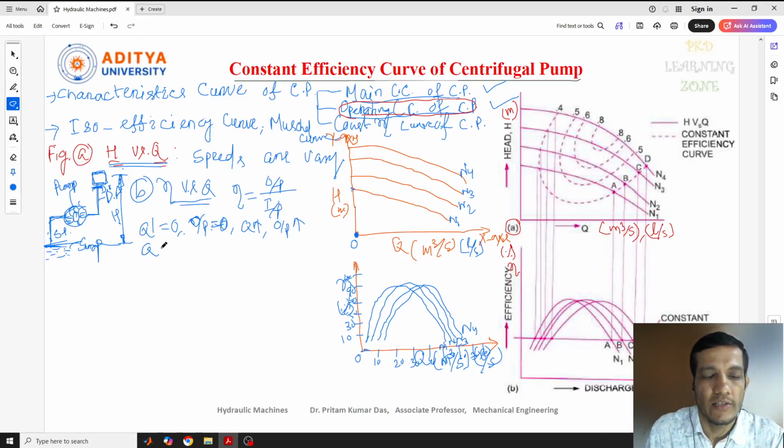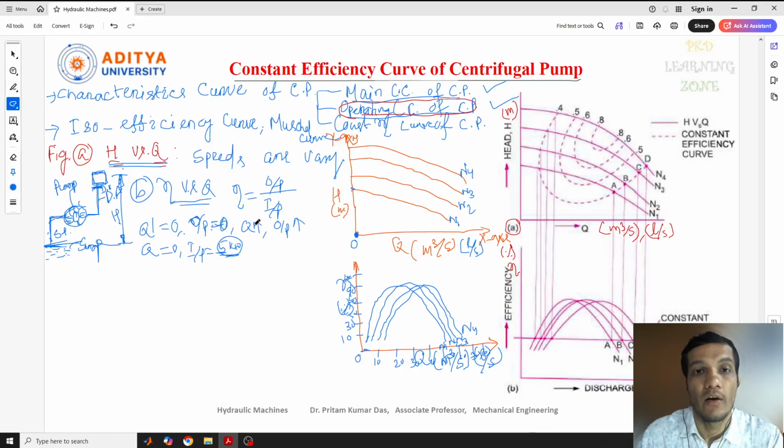So when the discharge is 0, your input power will still require some quantity of power, suppose 5 kilowatt or 10 kilowatt, 1 kilowatt of power is required to overcome the mechanical losses. Some mechanical losses will be there already initially, so to overcome that we require some input power.